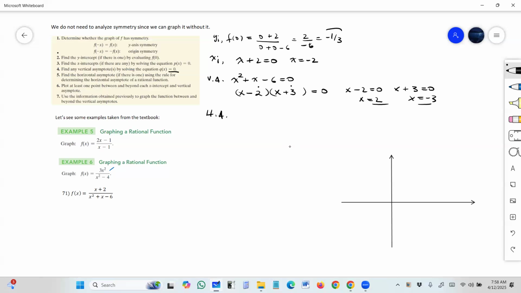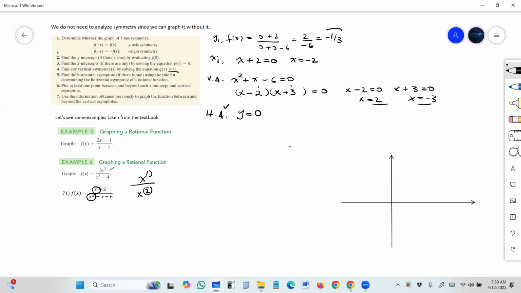And the horizontal asymptote, again, we look at the leading term, the term with the highest exponent in the numerator, and we look at the leading term, the one with the highest exponent in the denominator. Now, in this case, the exponent of the denominator is bigger than the numerator. When that happens, the horizontal asymptote is y equals 0. So remember, the three cases for the horizontal asymptote need to be memorized. This is one of the cases.